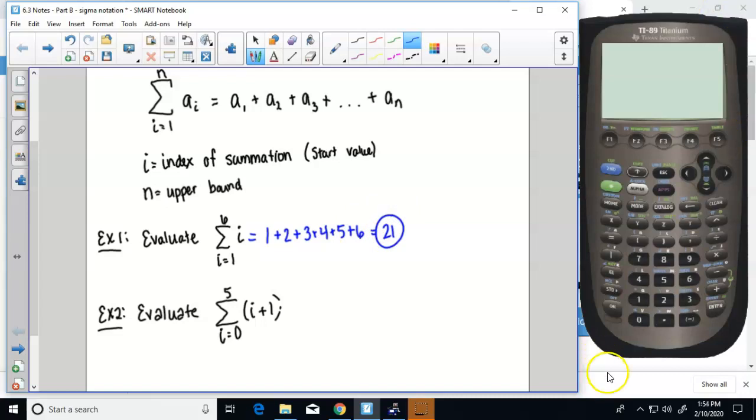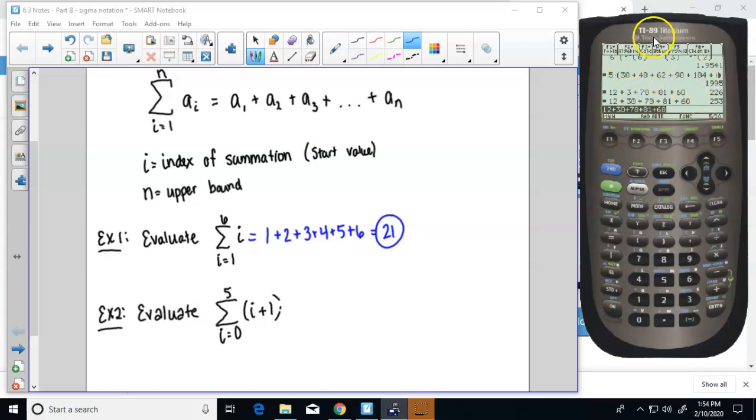Your calculator has summation notation on it. I think if you do F3, which is calc, and you go down to number 4, which is the sum, you will put in your equation, which I'm going to call x.